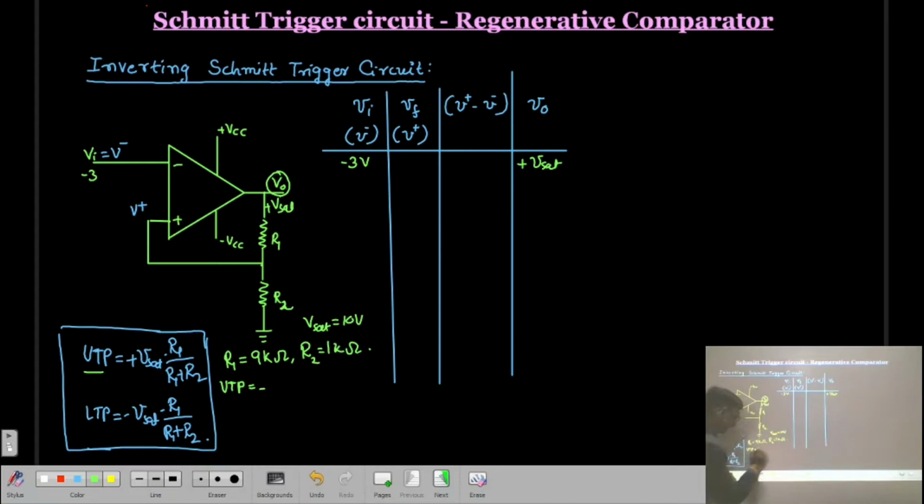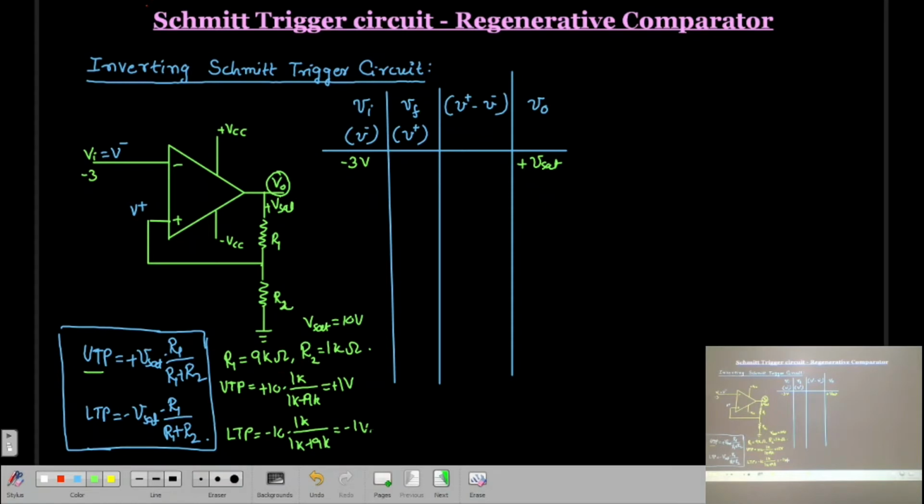This is plus 10 into 1k divided by 1k plus 9k, which comes out to be plus 1 volt. Then the LTP is minus 10 into 1k divided by 1k plus 9k, which comes out to be minus 1 volt.